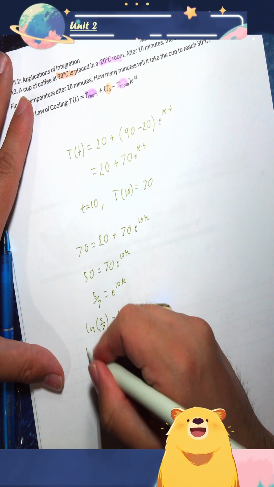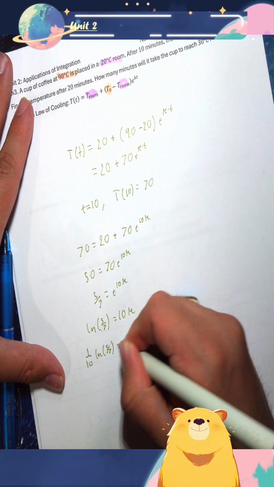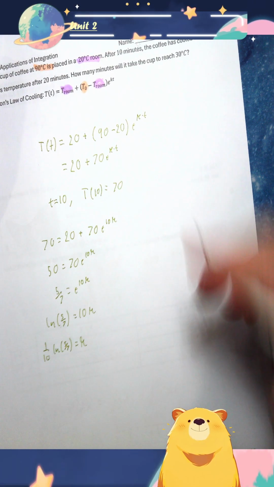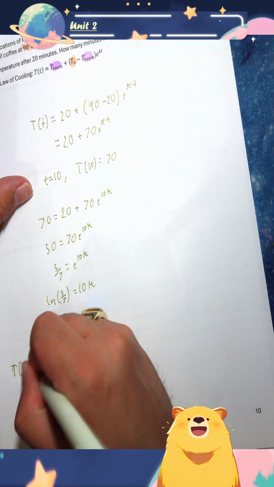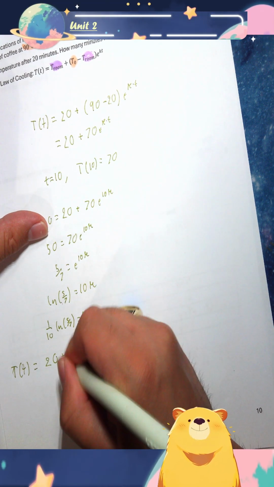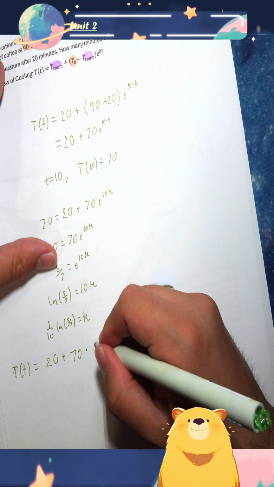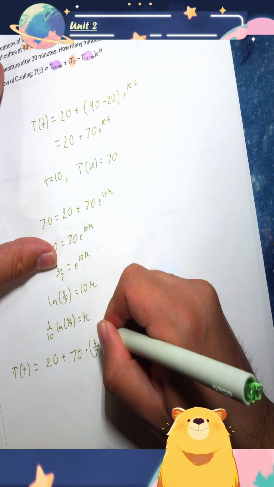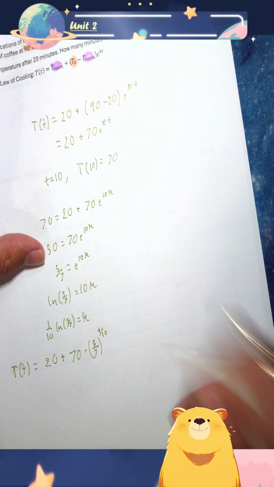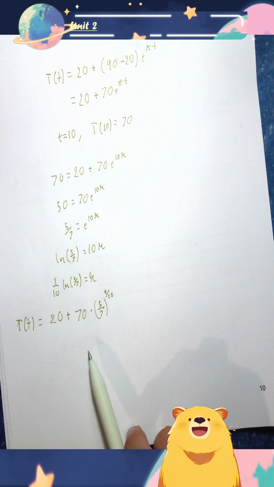And then divide by 10. 1 over 10 ln 5 over 7 is equal to k. That makes our actual temperature function 20 plus 70 times 5 over 7, in parentheses, to the power of t over 10. I went ahead and skipped the simplification step this time around.